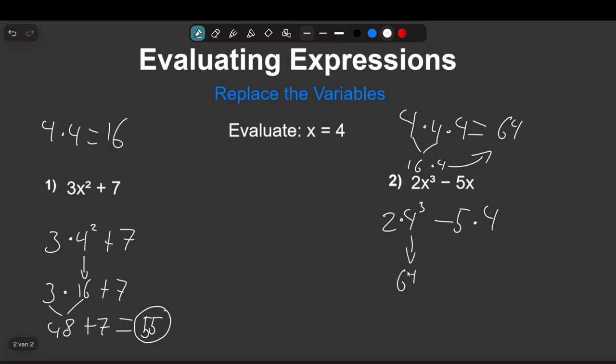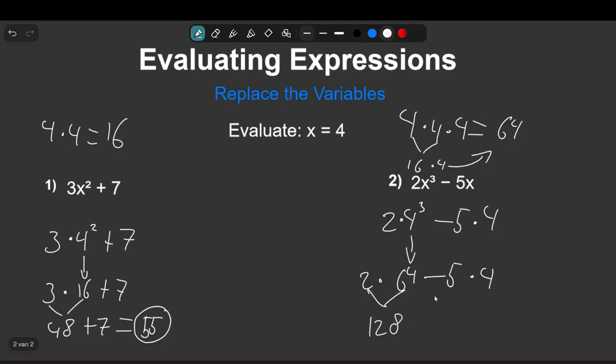So now we have 2 times 64 minus 5 times 4. And now we can start by solving this whole problem. So we're going to start with the left multiplication, where we have 2 times 64. Well, 2 times 64 will equal 128.